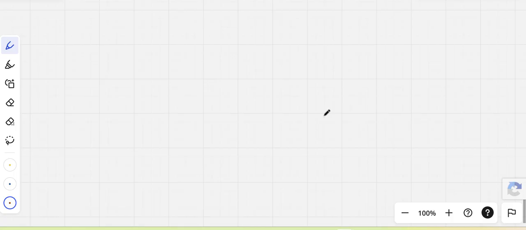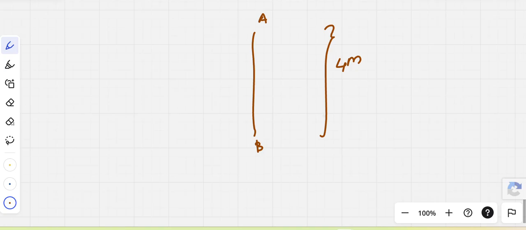An electrician has to repair an electric fault on a pole of height 4 meter. This is your electric pole, and the height of your pole is 4 meters. He needs to reach a point 1.3 below the top of the pole. So where should I mark 1.3?